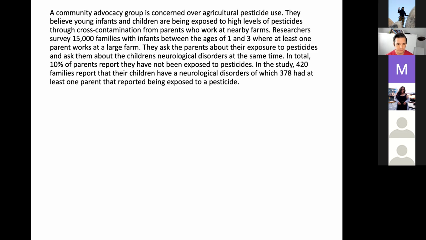So what you'll have to do is calculate a prevalence odds ratio to determine if pesticide use is associated with neurological disorders. So there's your question. I just put it in the chat.